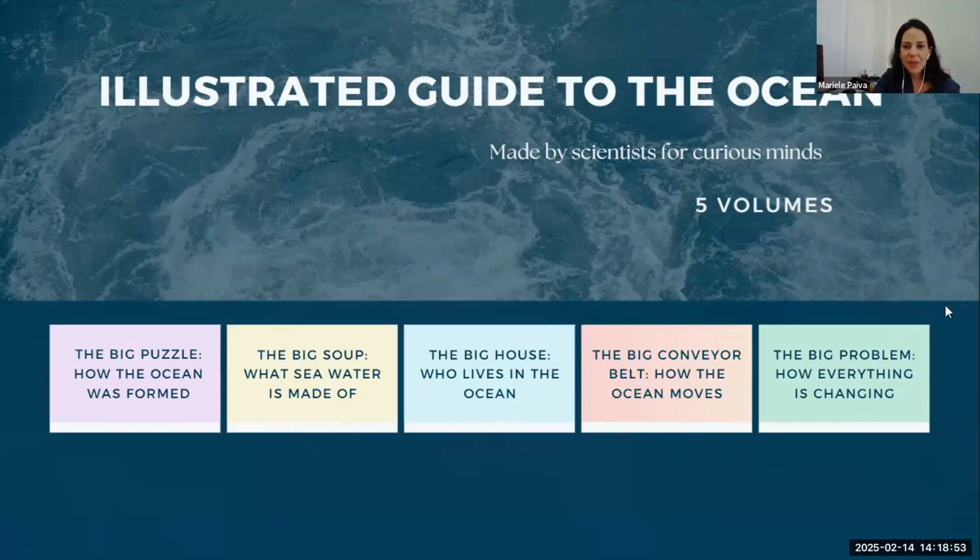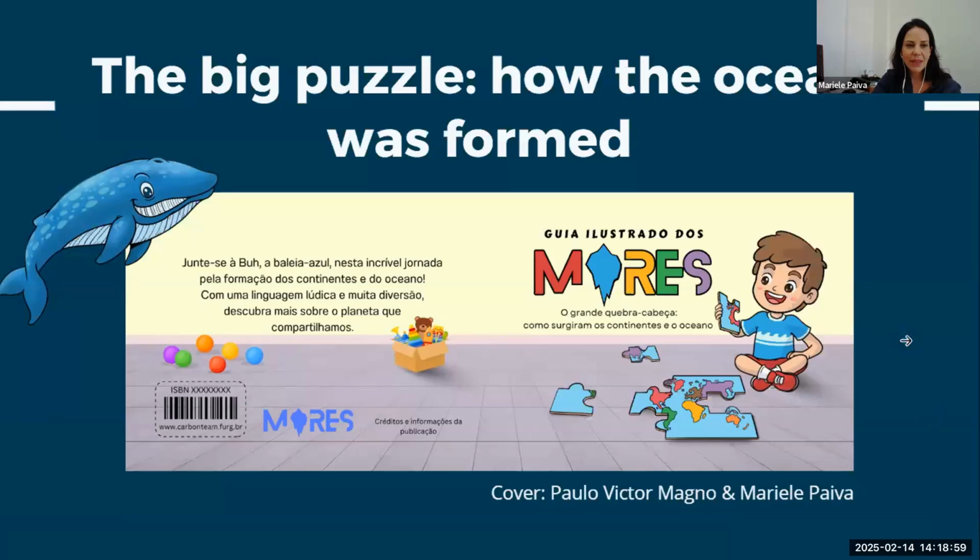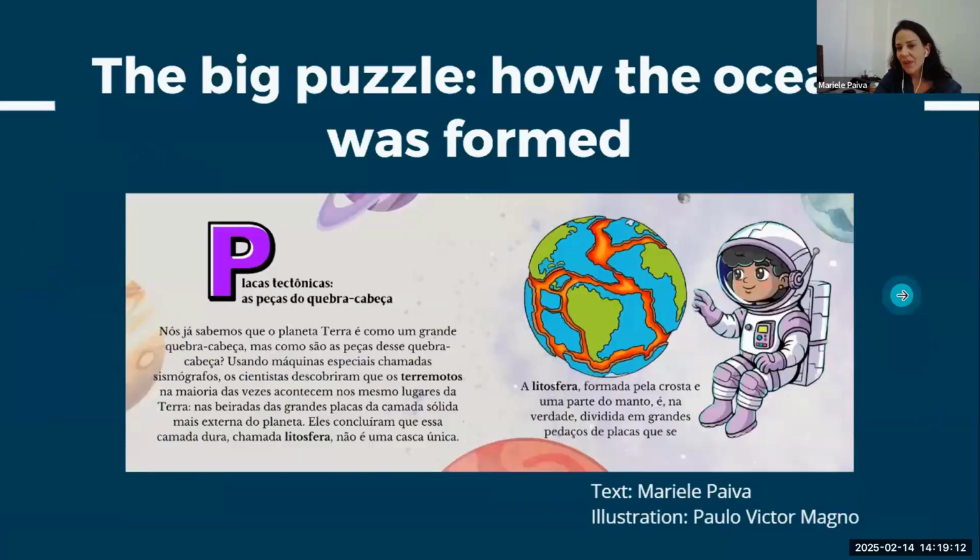So here we have the cover of our first book, and this is Boo, our mascot, and she speaks to the reader the entire book and explains ocean topics. For example, tectonic plates. I'm sorry, I only have the Portuguese version of it, but it's explaining about tectonic plates, for example, with very nice illustrations.